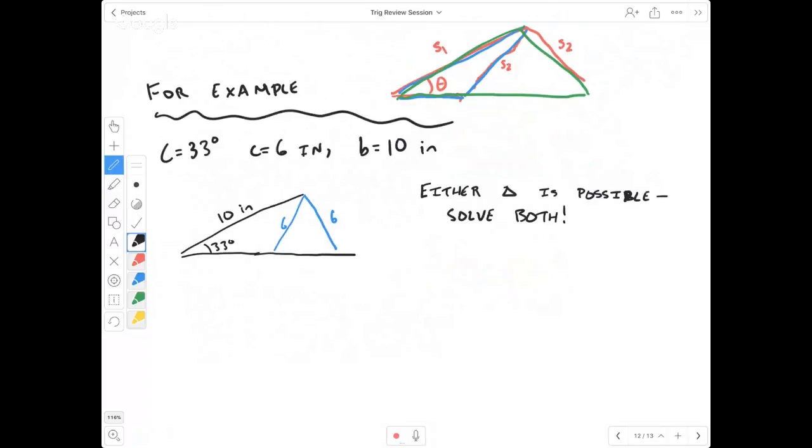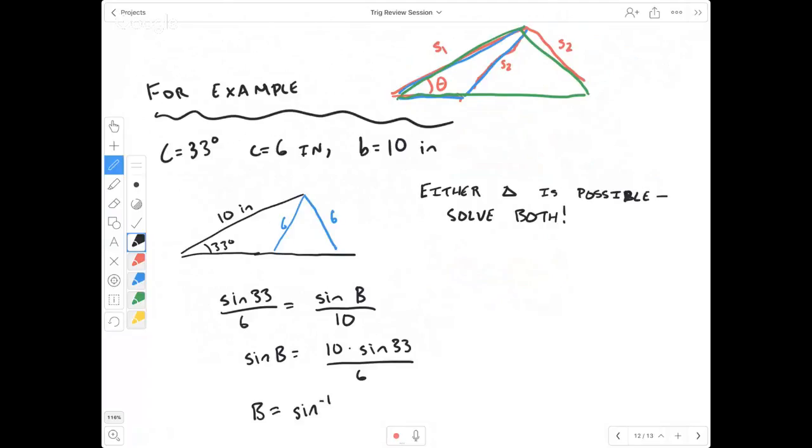Either way, I'm going to start by saying that the sine of 33 over 6 is equal to the sine of angle B over 10. So sine angle B equals 10 sine 33 over 6. And angle B is going to equal the inverse sine of 10 sine 33 over 6.